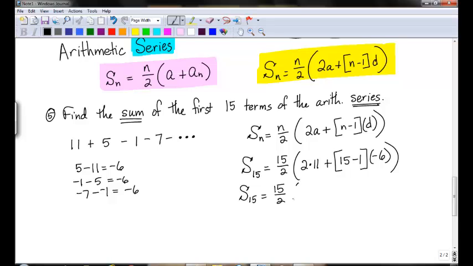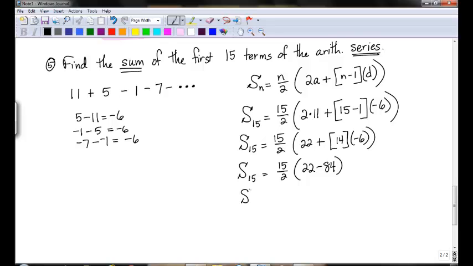Simplify: this would be 22 plus 14 times a negative 6, and we're still doing order of operations. Now you multiply, and 14 times 6 would be negative 84.